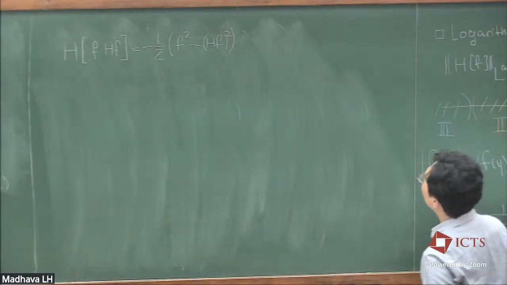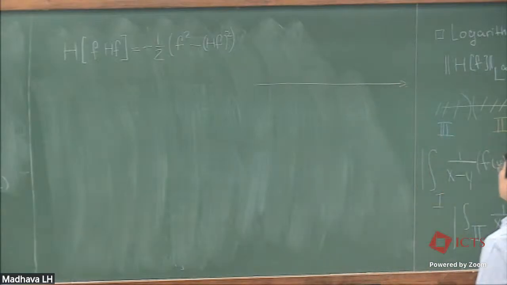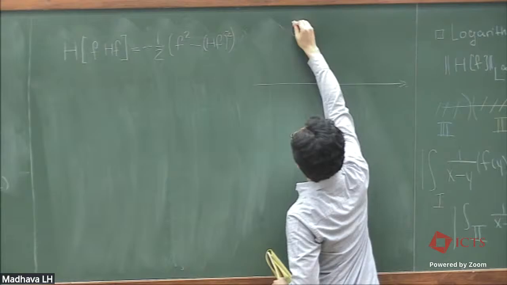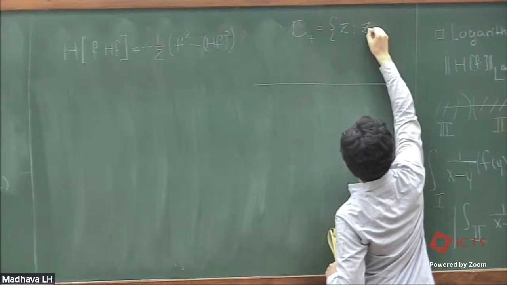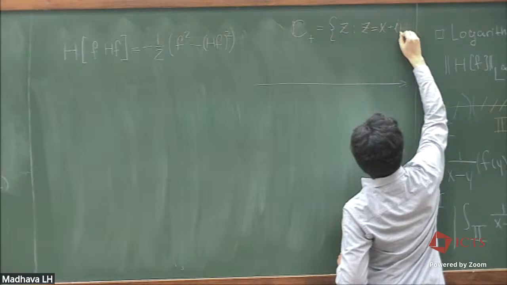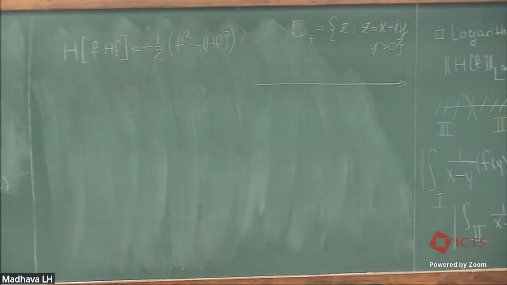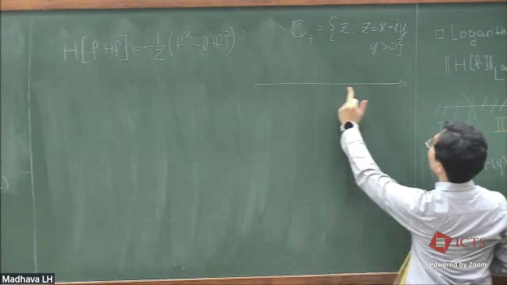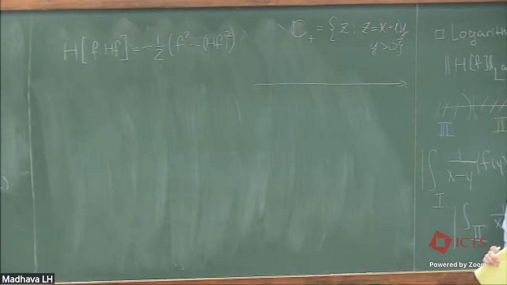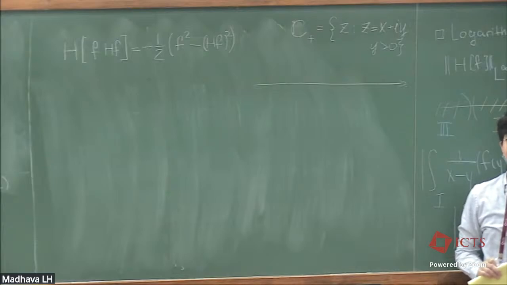How do you prove it? You cannot avoid using the fact that in the upper complex plane, by definition the upper part of the complex plane, C plus, if you have a complex analytic function in C plus which extends to a reasonable function on the boundary of C plus, its imaginary part is the Hilbert transform of the real part.